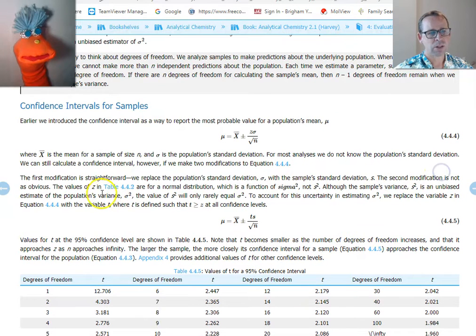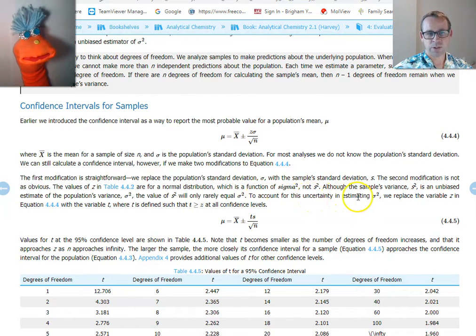The second modification is the z value in that table. That's for our normal distribution, which is a function of sigma squared, not the standard deviation squared that we get just from our limited number of values. Although the sample's variance is an unbiased estimate of the population's variance, the value s squared will only rarely equal the actual sigma squared.